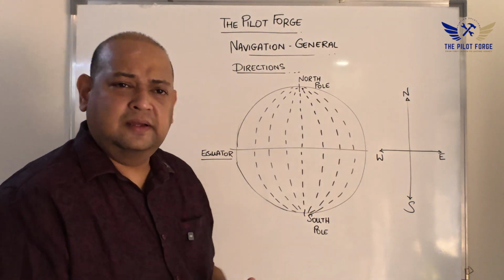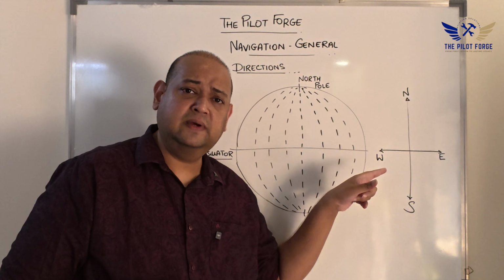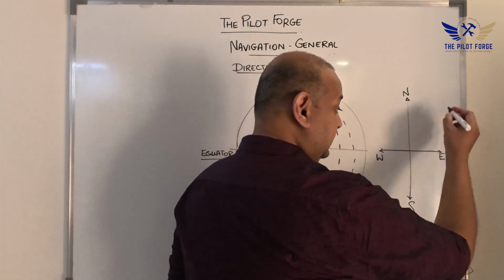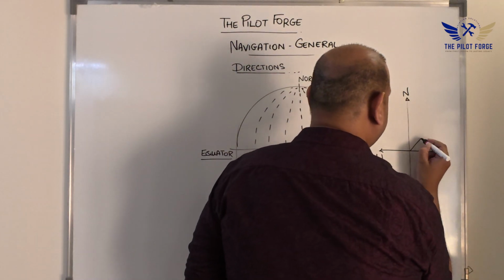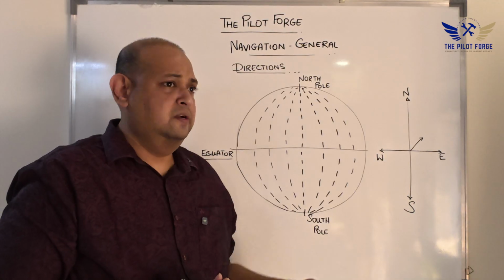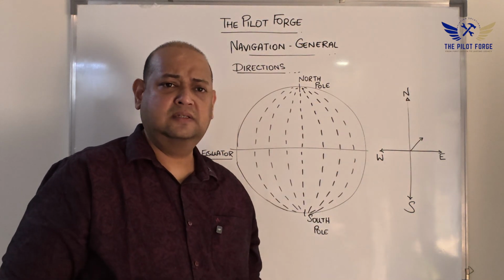All right. But do we just travel in north and south or just in east and west? We don't. We travel in other directions too. Say for example, between north and east. Would there be a way to specify what direction this is? Yes, obviously. It's between north and east. Let's call it northeast.